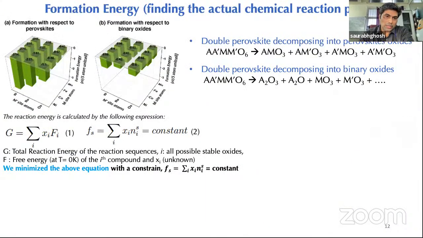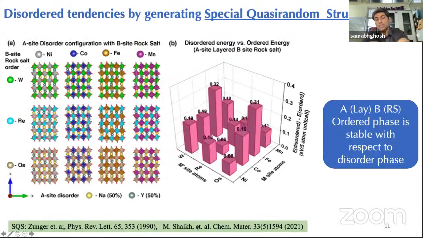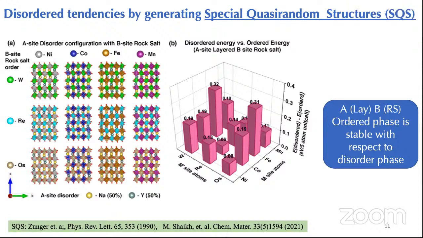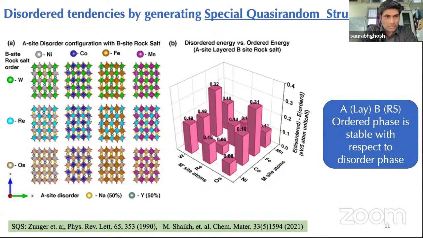When we did this disorder study, we considered G-type magnetic configurations, and the magnetic configuration remains the same. We really didn't look into the electronic structures of these disordered phases. We only computed the energies, making sure that the magnetic ground state does not change, and then compared the energies. But we didn't look into the electronic structure of those.